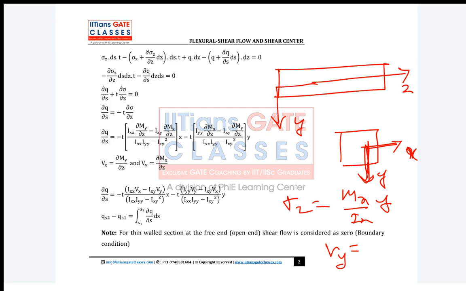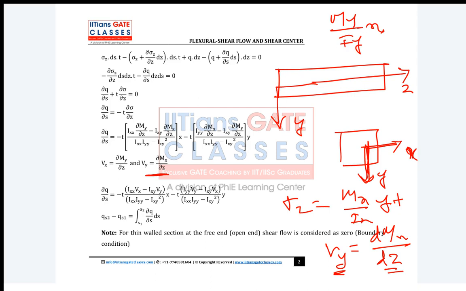Vy will be dMx upon dz. Everyone, is it clear? dMx upon dz is Vy. Same way, for the other term of complex bending, it will be My upon Iy into x.